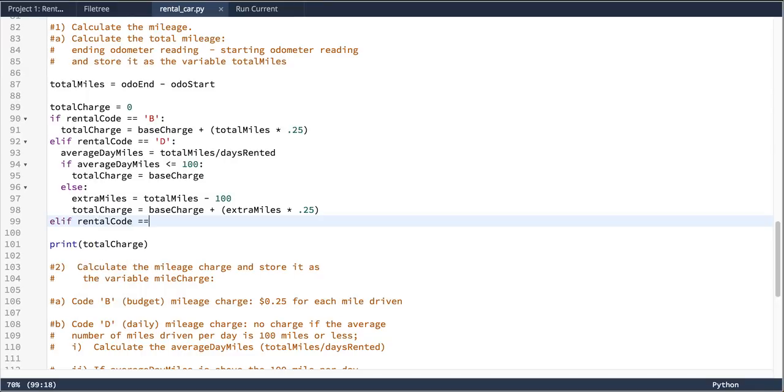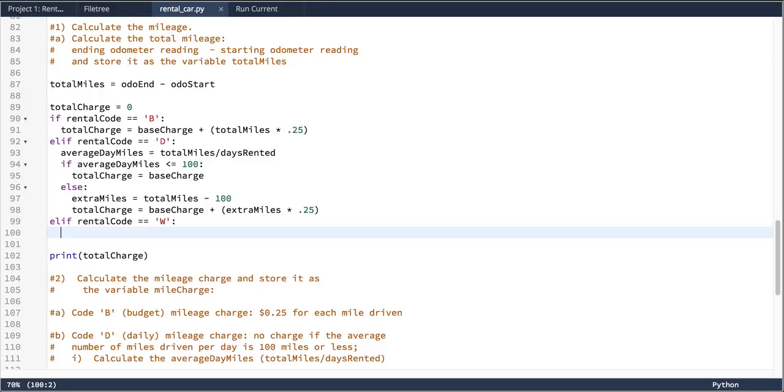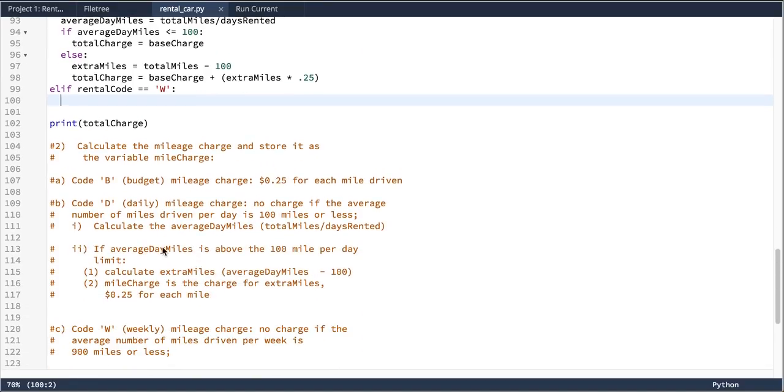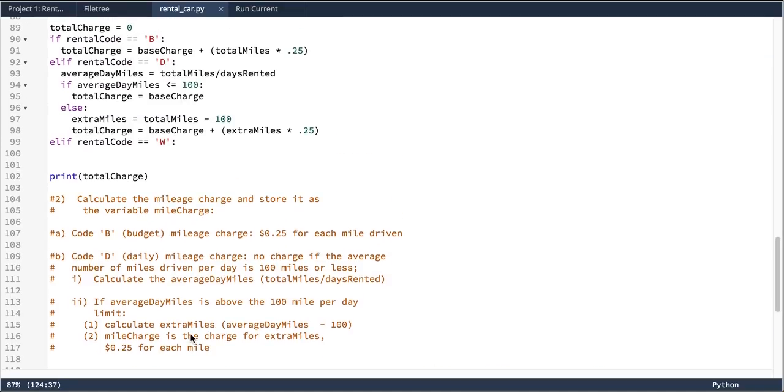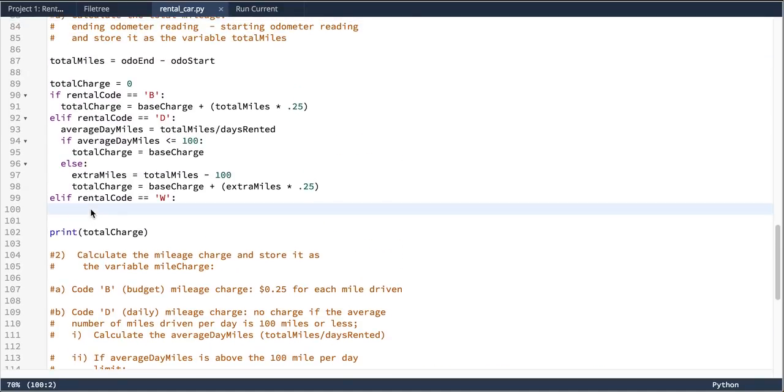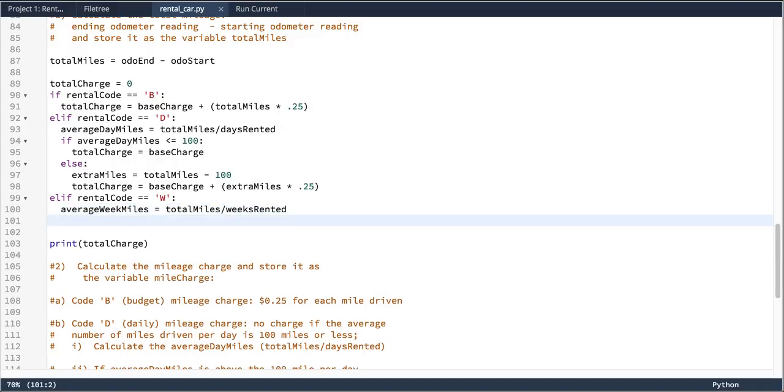Rental code is weekly. Then we now have to calculate the average weekly miles. Average week miles is total miles divided by weeks rented, because this is a weekly charge.